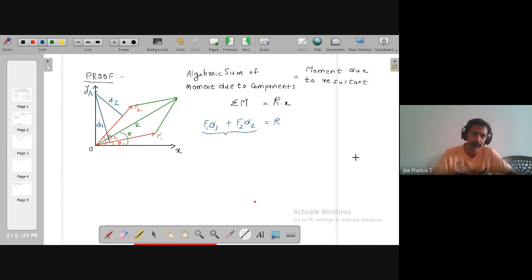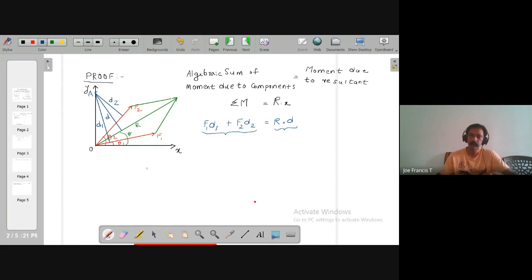Drop a perpendicular from A all the way to R. Say this distance is D. So R into D is the moment due to the resultant. And this is the expression for Varignon's theorem of moments.